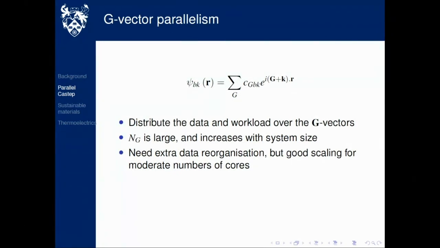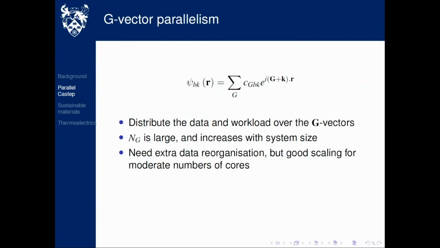So the other thing that we could do is we could distribute the Fourier components themselves. We could also distribute the bands, by the way, which we do in CASTEP, but I'm not going to talk about that today. I'm going to concentrate on the two extremes. If we distribute the G vectors, we can distribute all the data and the workload. NG is large, so load balancing is not such a problem.